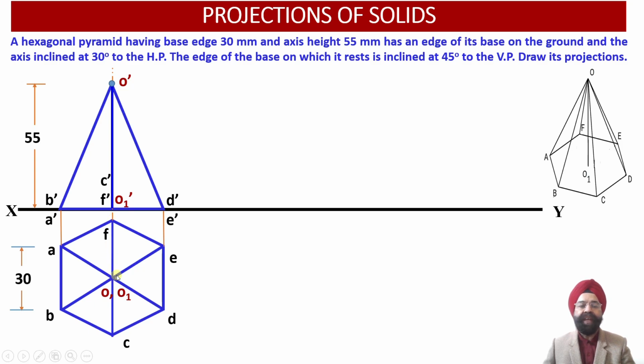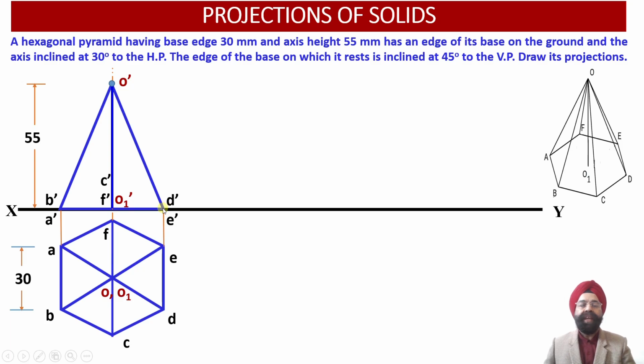Similarly, the dotted line projections corresponding to OE, that is O dash E dash, have been covered by the object line projections corresponding to the slant edge OD. So the O dash D dash projections have superseded the dotted line projections corresponding to the slant edge O dash E dash over here.